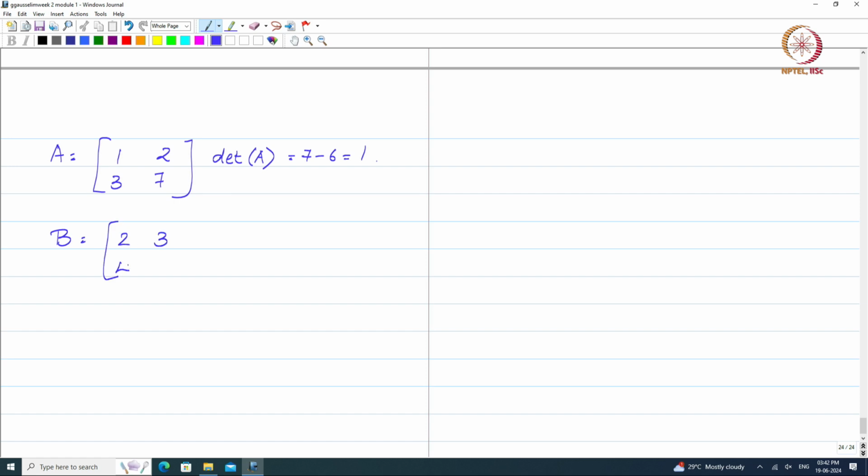So, determinant of B is equal to 2 into 8, 16, minus 3 into 4, 12. So, it becomes 4. Now, we add the matrices A and B and get 3, 5, 7, 15.